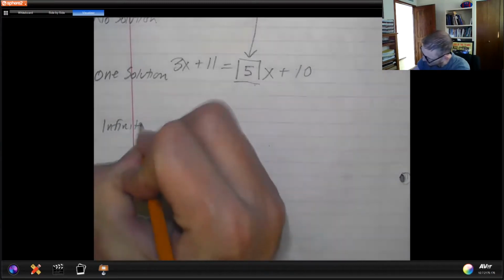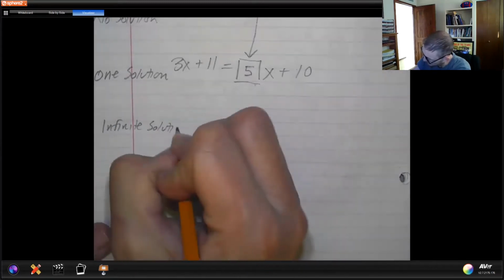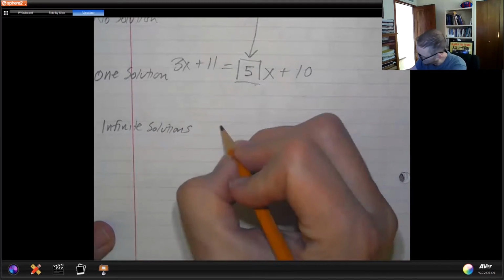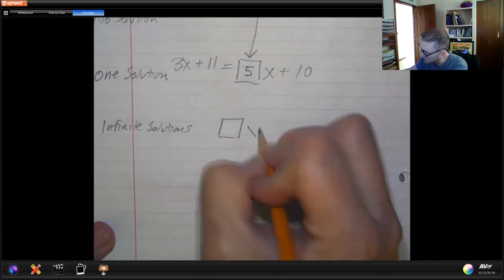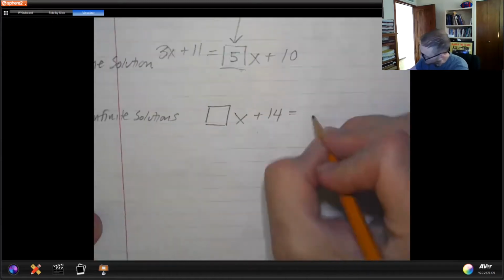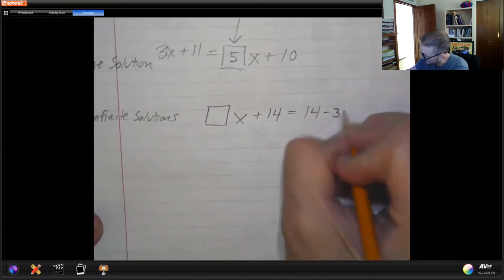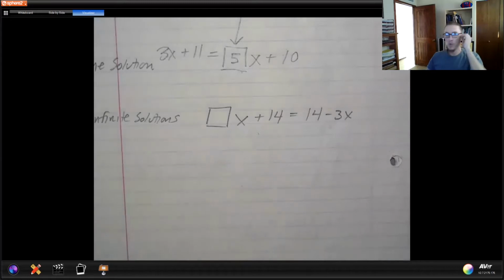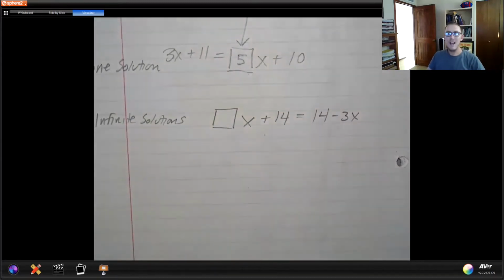And how about infinite solutions? An example of infinite solutions: give me a box in front of an x plus 14 equals 14 minus 3x. So remember, infinite solutions, the x's have to match on both sides because that will allow them to cancel out, and the numbers have to match.